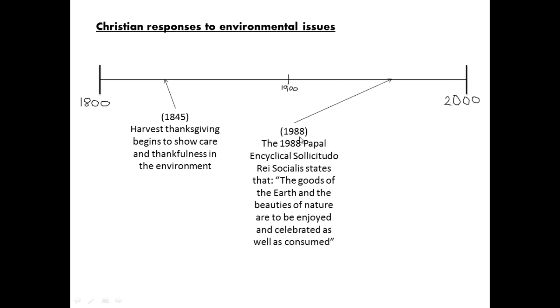We've also got in 1988, this is quite a mouthful, I don't blame you if you don't want to use this in the exam because it's quite a lot to remember, but the 1988 Papal Encyclical Sollicitudo Rei Socialis states that the goods of the earth and the beauties of nature are to be enjoyed and celebrated as well as consumed.